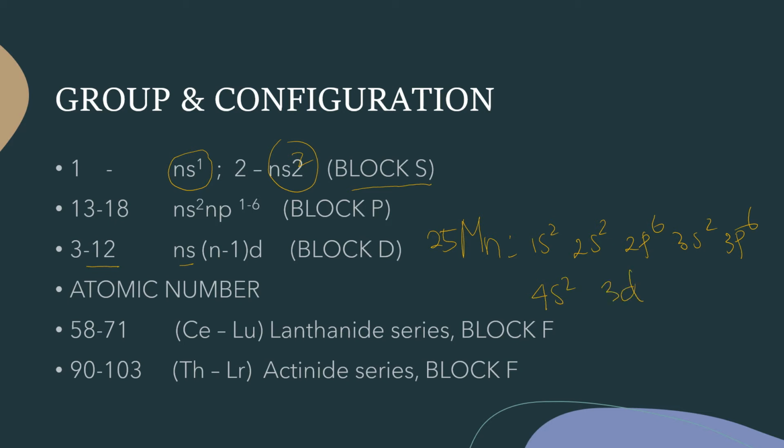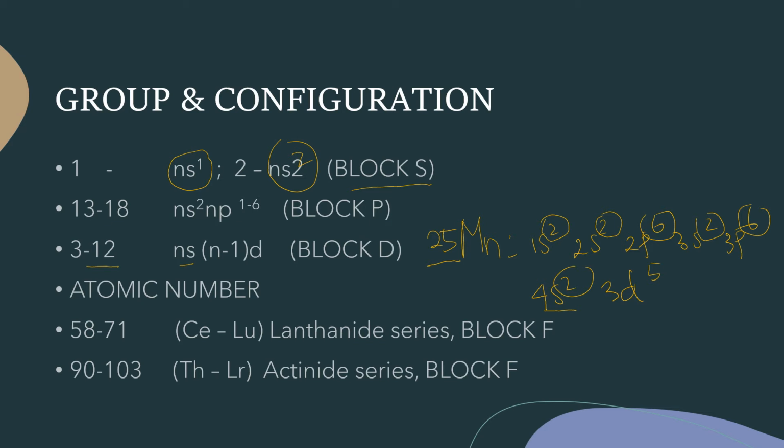Here you have 2, 4, 10, 12, 18, 20. The proton number is 25, so 3d5 in here. So the electronic configuration ended up with 4s2 and 3d5. So ns and then (n-1)d.